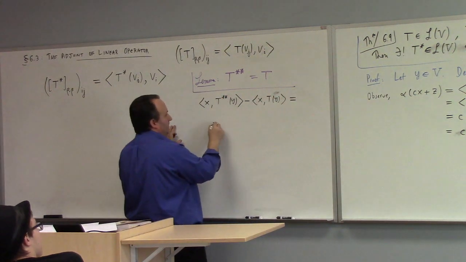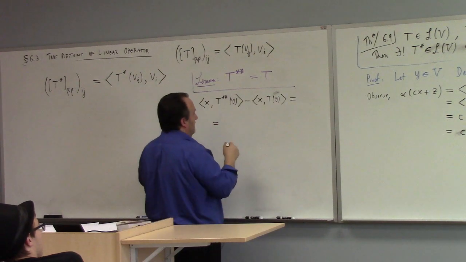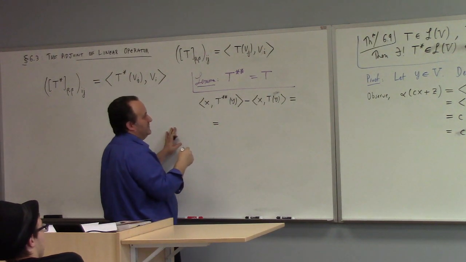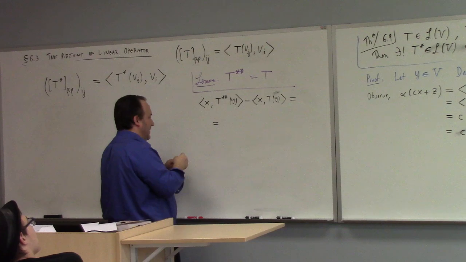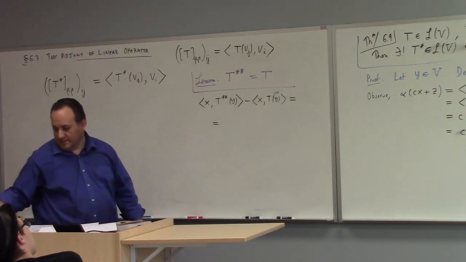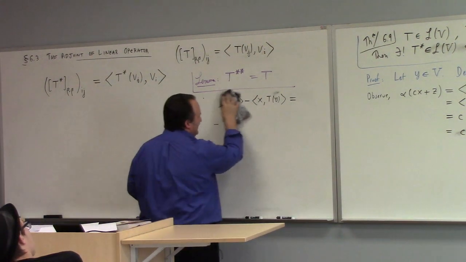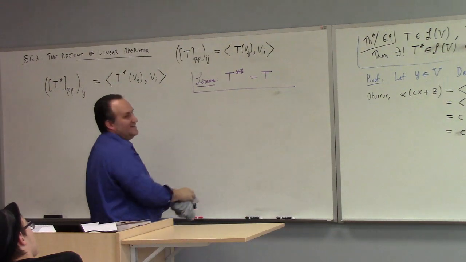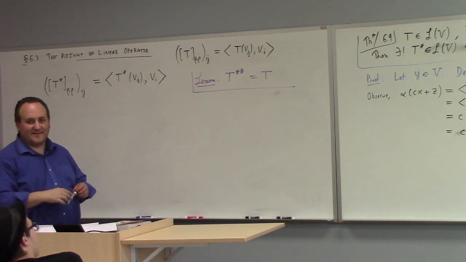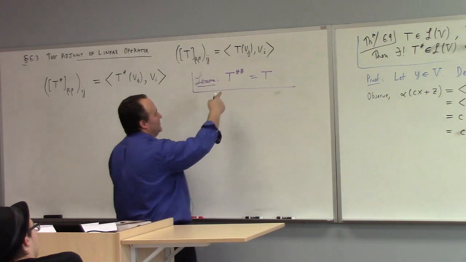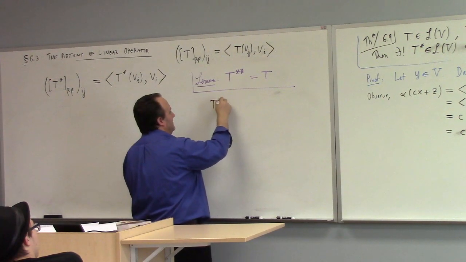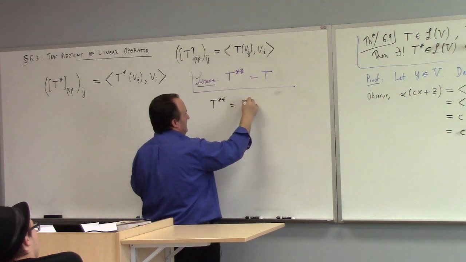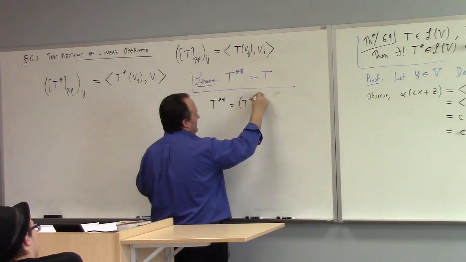What's that give us? Oh, that gives me trouble. I have found a way to make that unproductive. So here, to be clear, how is T star star defined?